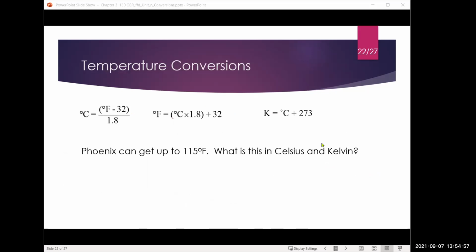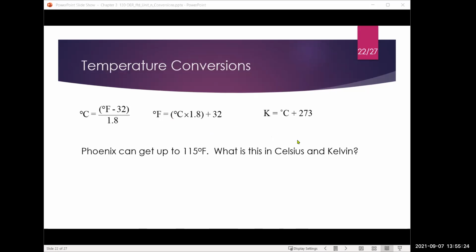But to convert from one unit to the other with respect to Celsius and Fahrenheit, those are the conversion factors. If you have the temperature in Fahrenheit and you want to go to Celsius, subtract 32 and then divide by 1.8, and that gives you Celsius. And if you have Celsius and want to go to Fahrenheit, take the Celsius temperature, multiply by 1.8, and then add 32 to that.